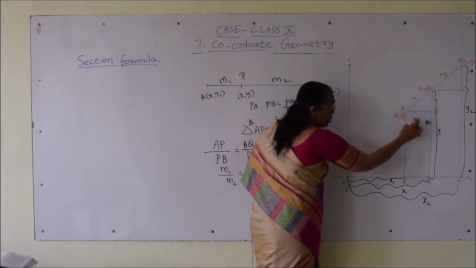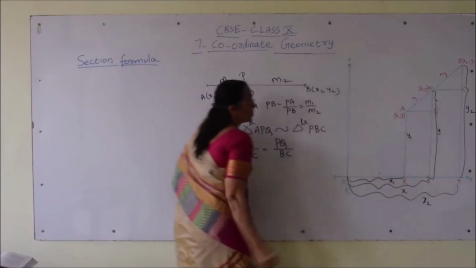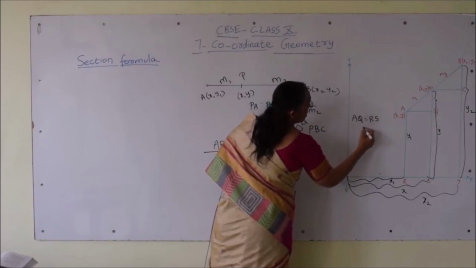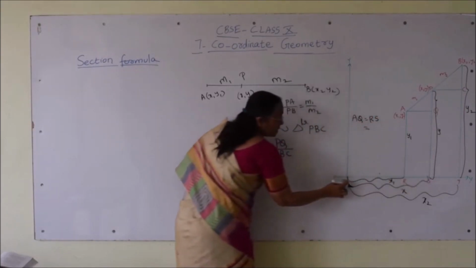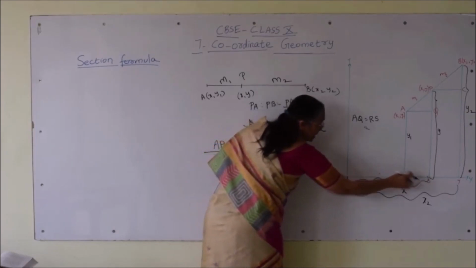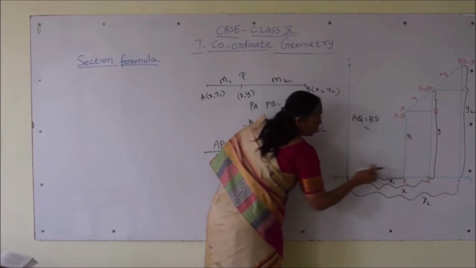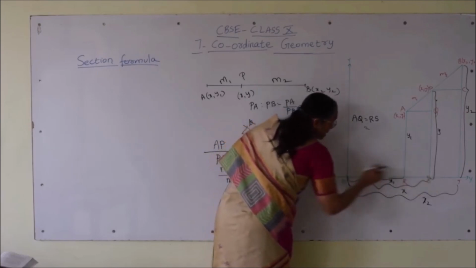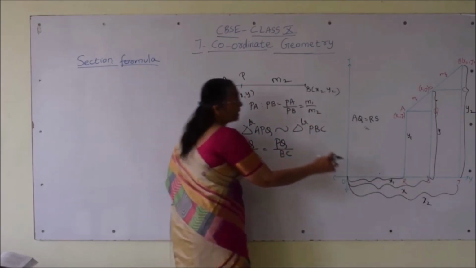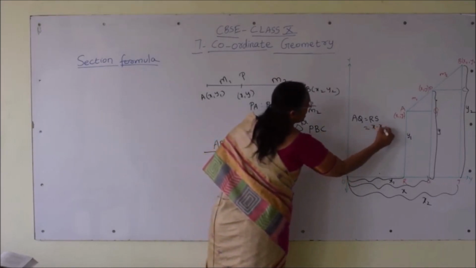Now, AQ is the same as RS. RS can be written as OS minus OR, where OS is x and OR is x1. So RS is x minus x1.